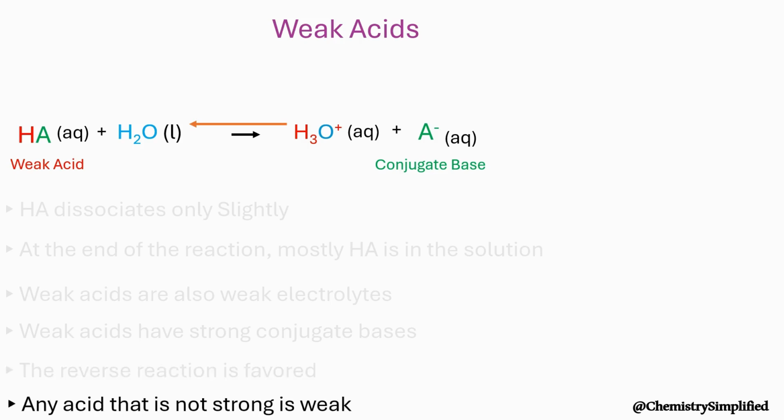And lastly, any acid that is not strong is considered to be weak. For example, in our last presentation, when we talked about the strong acids, we mentioned there were mainly 6 strong acids: hydroiodic acid, hydrobromic acid, hydrochloric acid, perchloric acid, sulfuric acid.